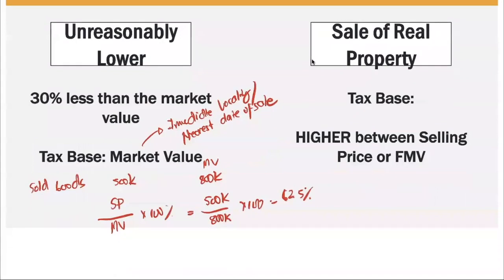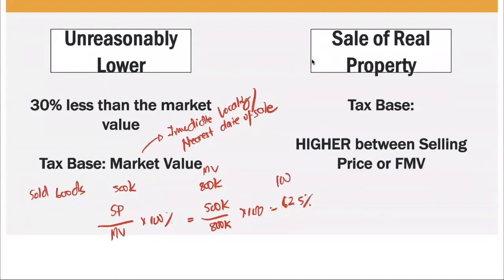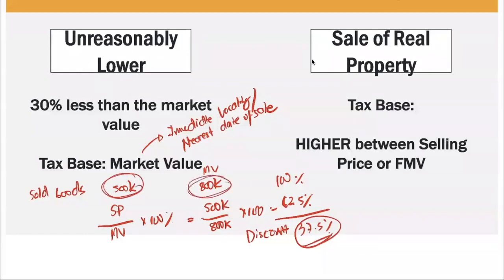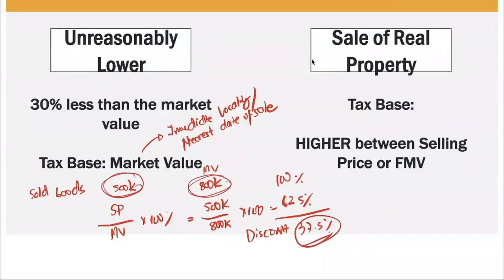So our percentage is only 62.5%. 100% less 62.5% gives us a discount of 37.5%. So since we have a 37.5% discount, what is our tax base? Instead of your sales price, your tax base now is your market value. Your tax base now is considered your market value.